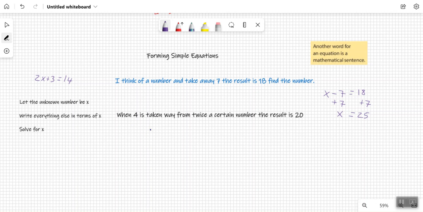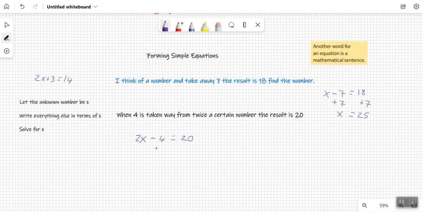Twice the number is going to be 2x. And we take away 4, so 2x minus 4 is equal to 20.